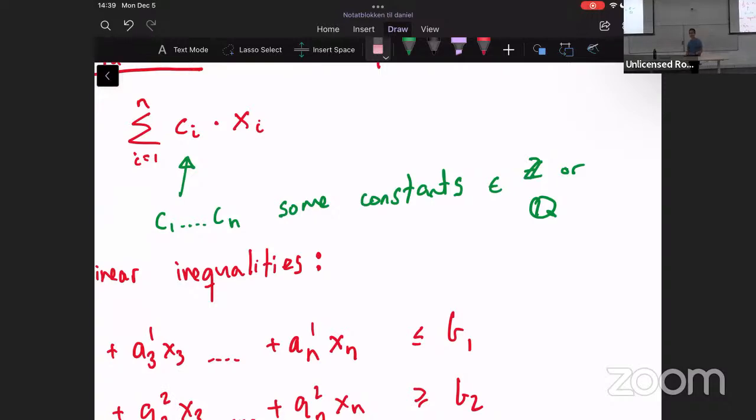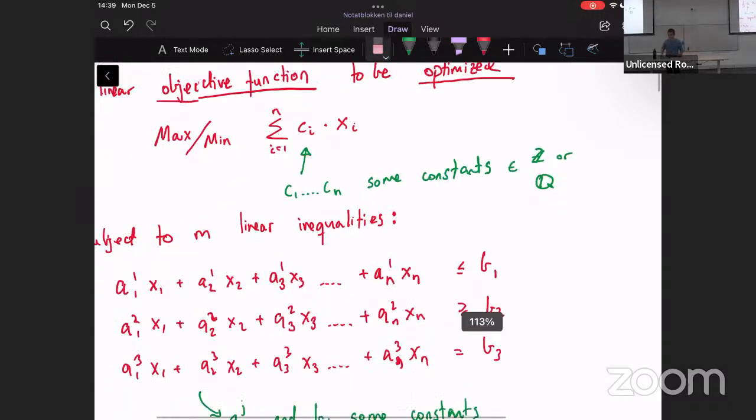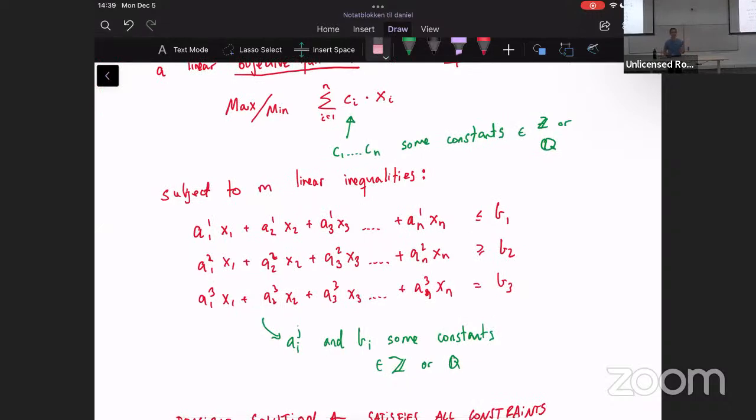Because what we care about so far are running times that are polynomial in the size of the input. So now what is the size of the input here? If n is the number of variables and m is the number of constraints, that's what we're always going to be using. So n is variables, m is constraints, and big capital M is the biggest value of a number, let's say an integer, either numerator or denominator of your constants.